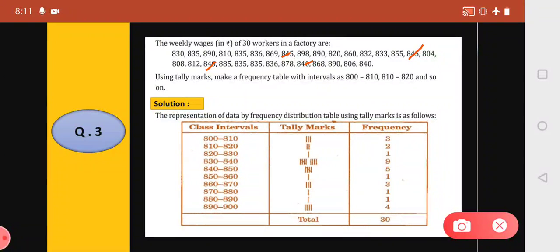Let's cross check once. 845, again 845. Then 840. Yes, third time. 3 times 840 are there. So all the frequencies will fall in the class interval 840 to 850. So total there are 1, 2, 3, 4 and 5 frequencies in 840 to 850. So we'll make in the tally mark one group of 5 lines and the frequency is 5.